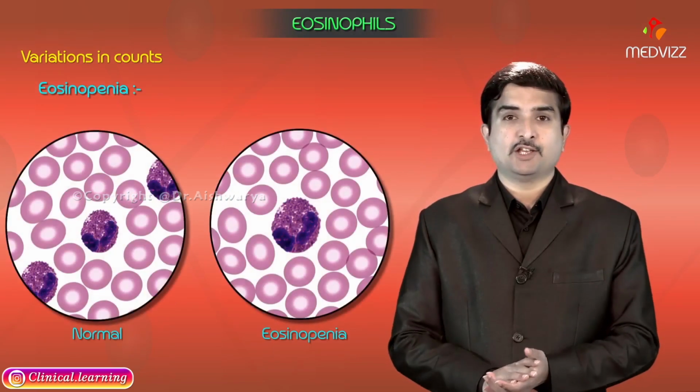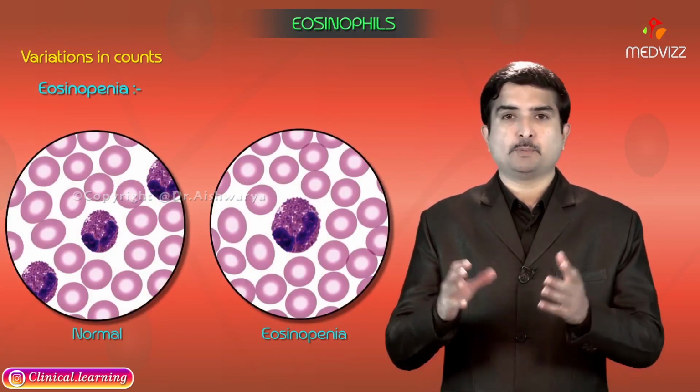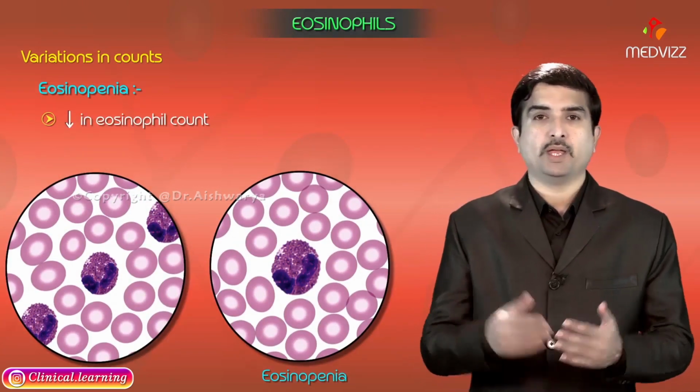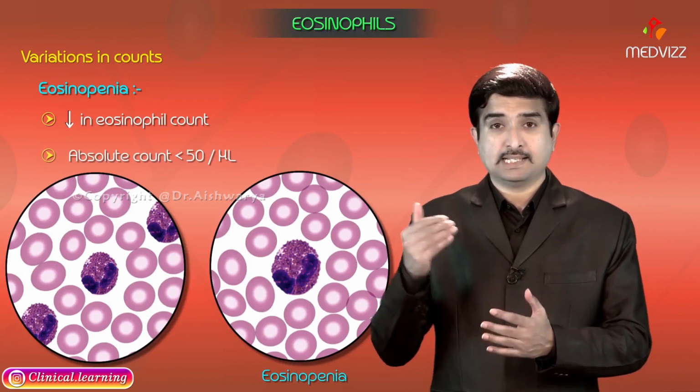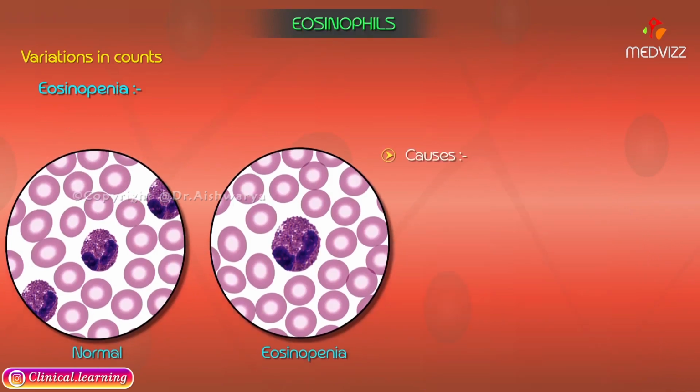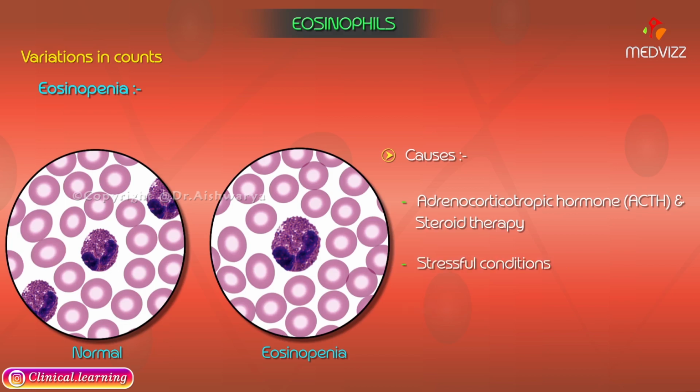And what is eosinopenia? Eosinopenia means decrease in the eosinophil count, where the absolute count is less than 50 per microliter. And the causes of eosinopenia are corticosteroid therapy, stressful conditions, and acute pyogenic infections. And this is what we need to know about eosinophils.